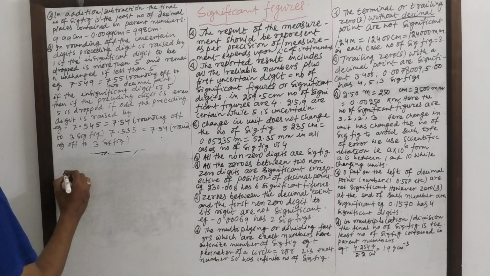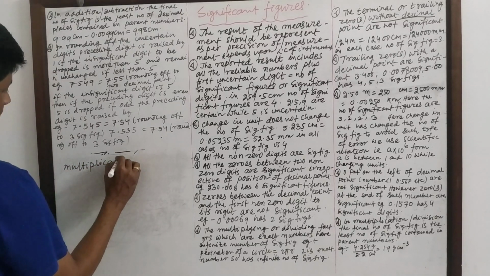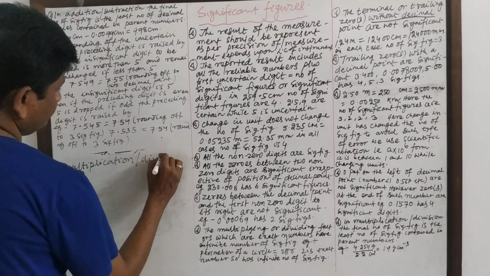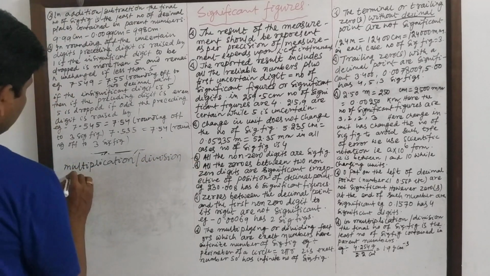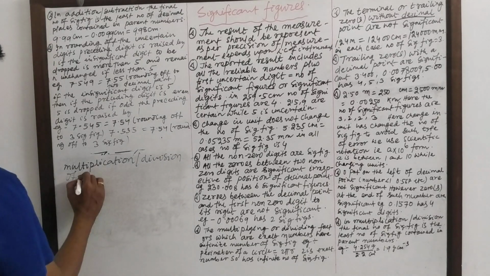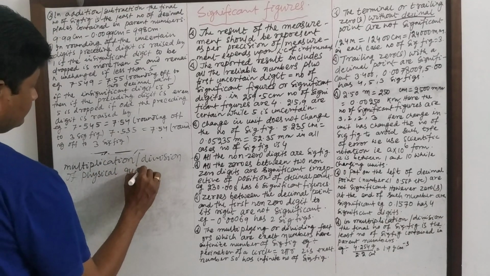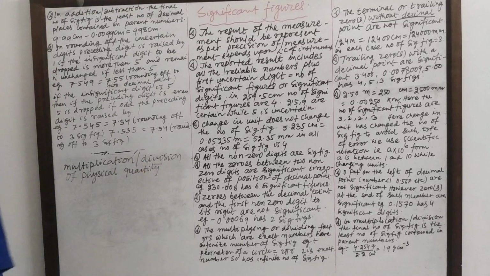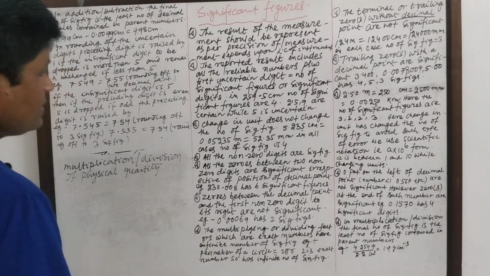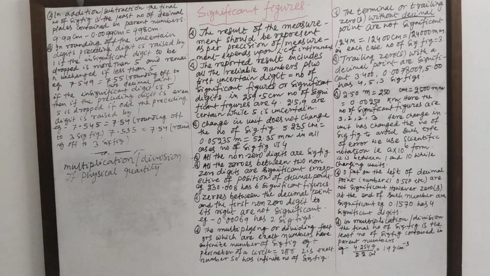Okay, in multiplication or division of a physical quantity, what happens? The number of significant figures is counted as the least number of significant figures in the parent numbers.